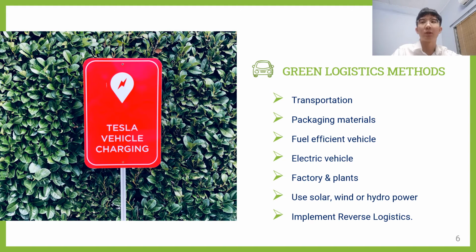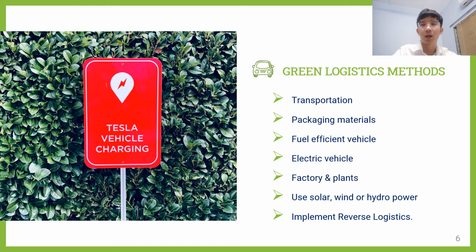We can use materials that can be reduced, reused, and recycled. And besides, we also can use fuel-efficient vehicles or biofuel vehicles. Next, we also can use electric vehicles, for example, the Tesla cars innovated by Elon Musk.